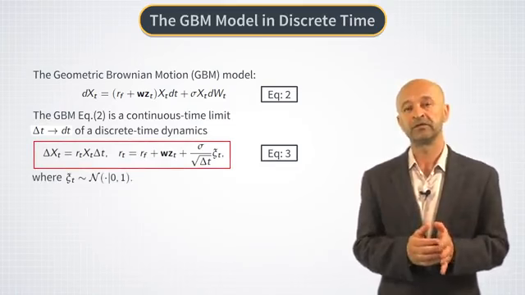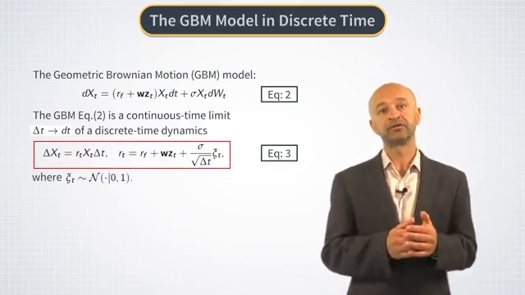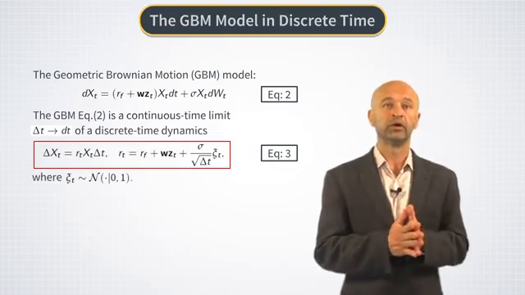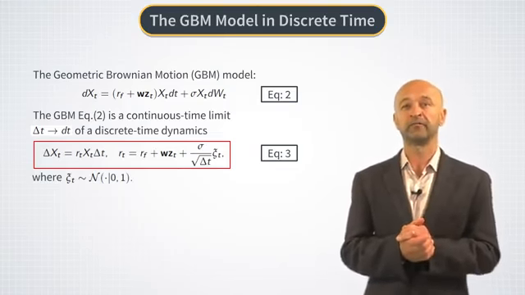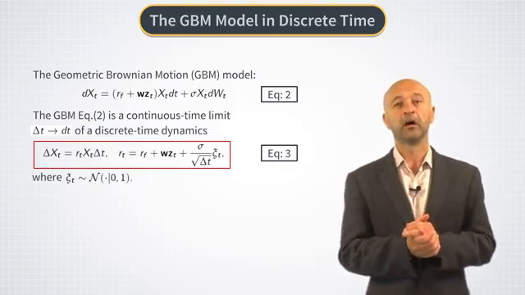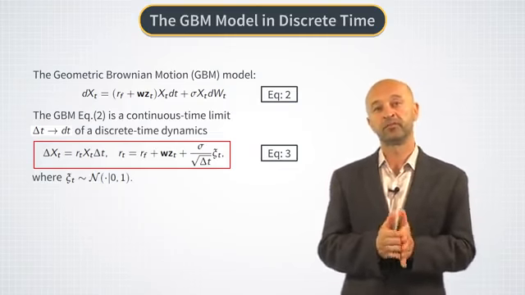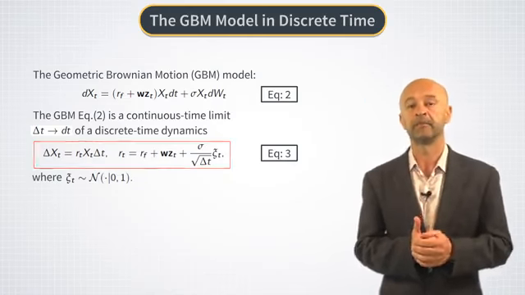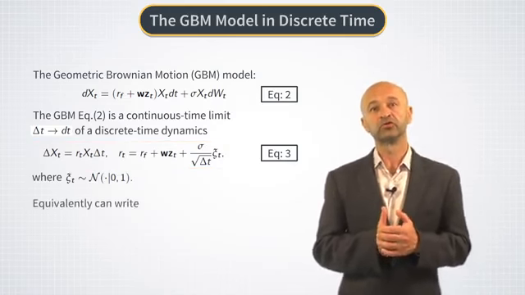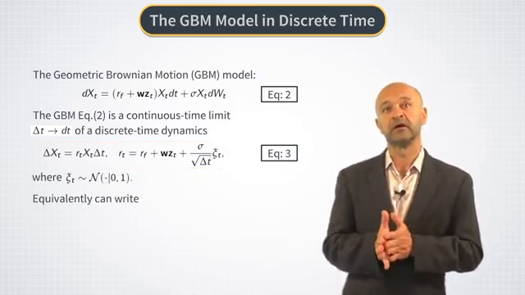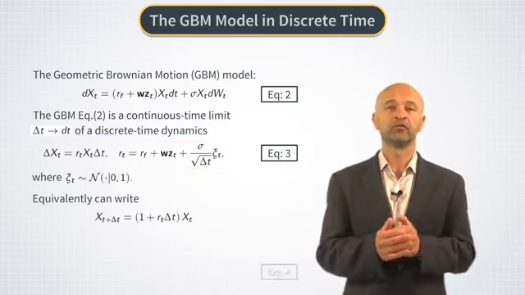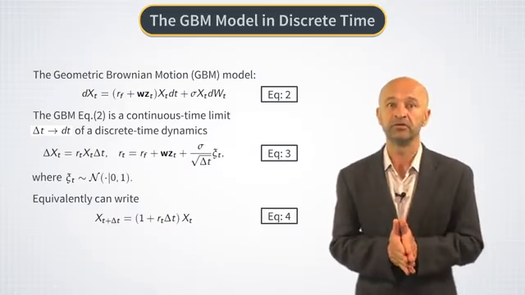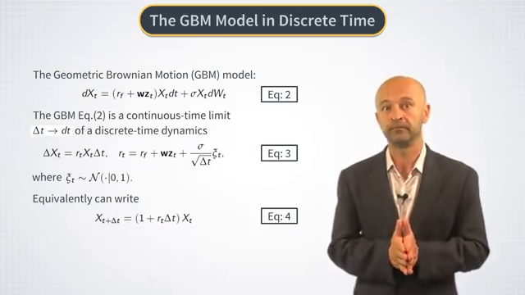So it simply says that the growth in time step delta t is linear with rate r equal to a deterministic part R_f plus w z, plus the noise term that is proportional to Gaussian white noise xi. We can also equivalently express this equation as an equation for a new value x of t plus delta t, as shown in equation 4 here.